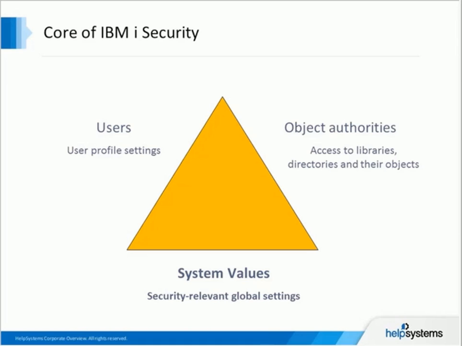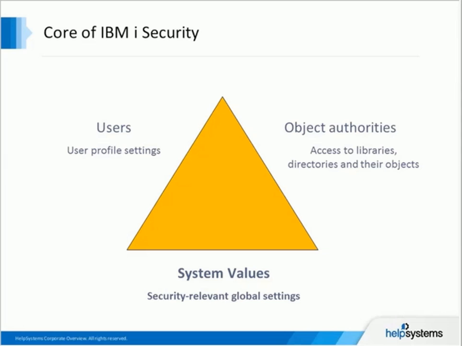And that's how you have to have your security on your IBM i, or something will be out of balance. In other words, your policy, the way that you want it to be, will not actually be enforced because perhaps all of your users have too many privileges or your objects aren't secured. So you have to have it in balance.